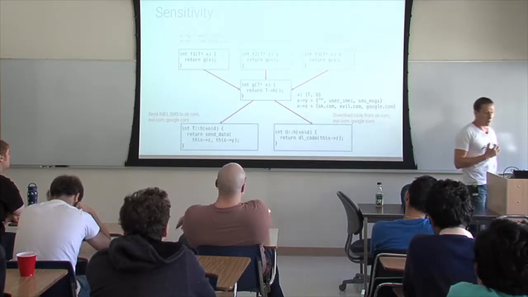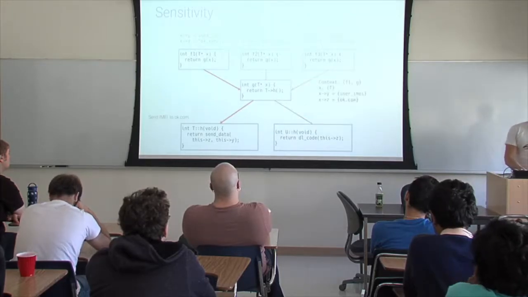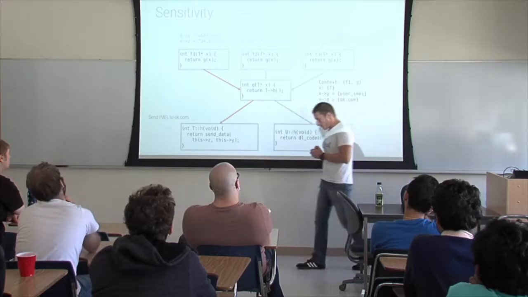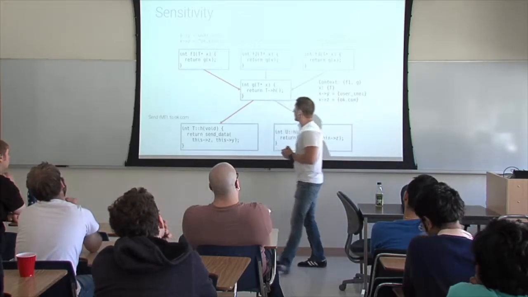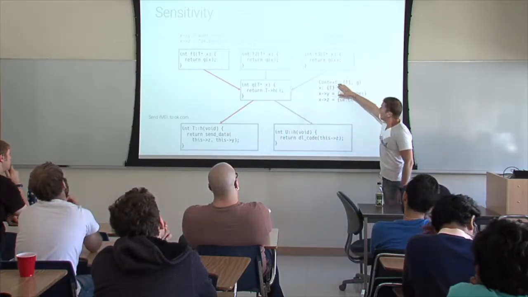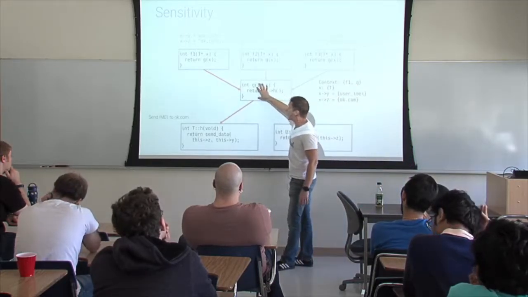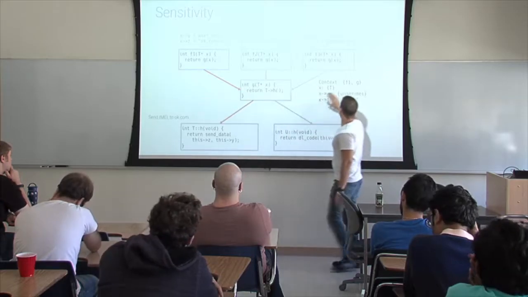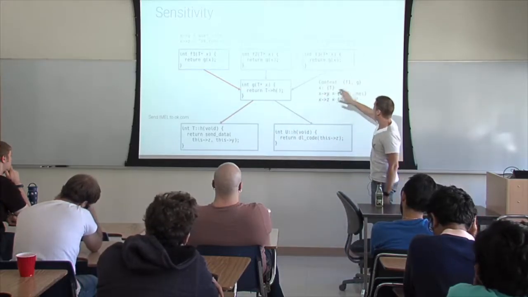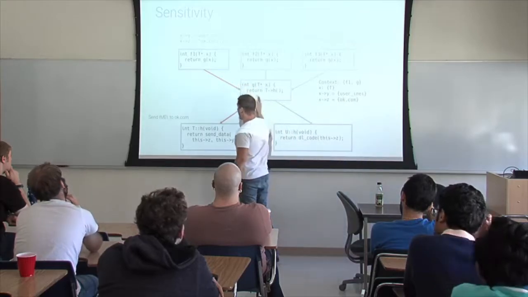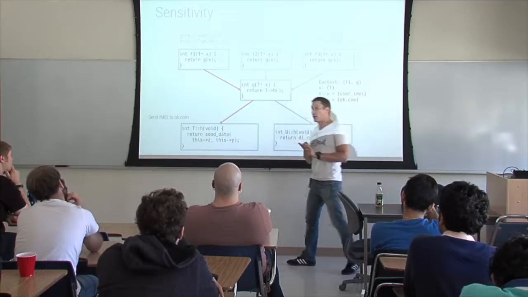So not good. Or you could be context sensitive. So in here, when you have this call, you know that you came here with the context: I've been called by F1, which called G, which is unique to this path. So now I know two things.